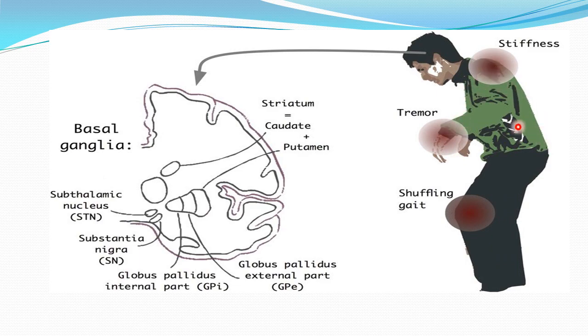Due to stiffness, the patient is folded on itself. There are small steps of movement, with difficulty in initiation of movement. When you push this patient, it will walk for a little and has difficulty in stopping the movement. Okay.